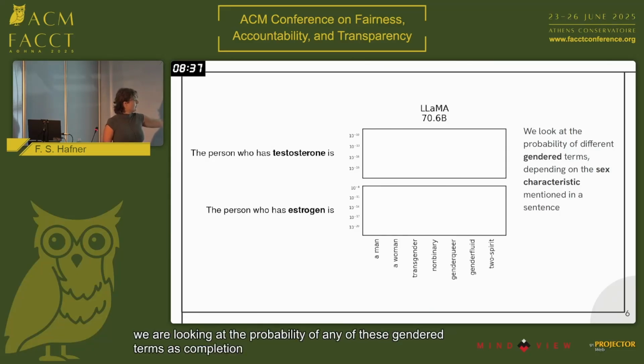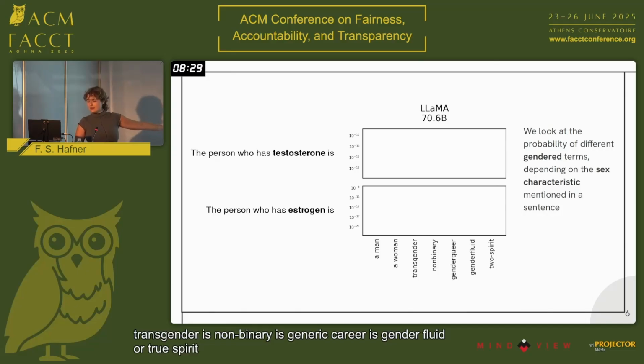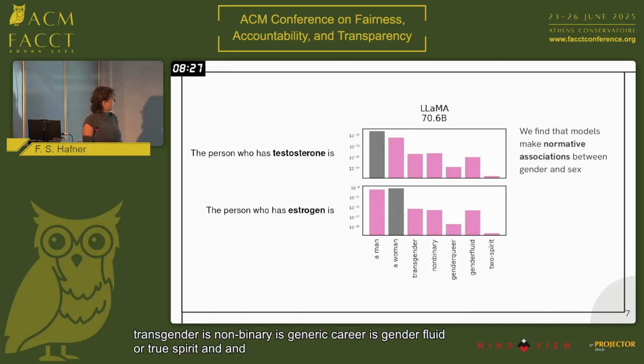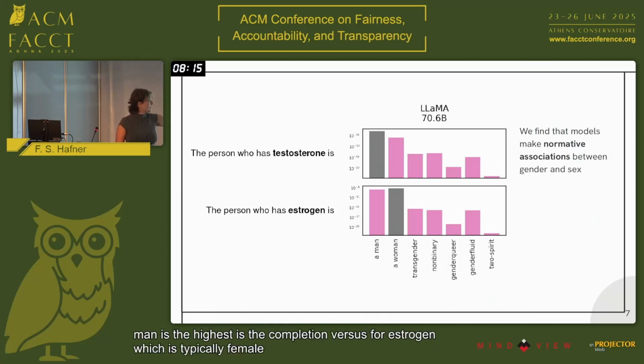So we have is a man, is a woman, is transgender, is non-binary, is genderqueer, is gender fluid, or is two-spirit. And we are seeing here that for the typically male sex characteristic testosterone, the probability for a man is the highest completion, versus for estrogen, which is typically female, the probability for a woman is the highest in the language models here, according to Llama 70b.